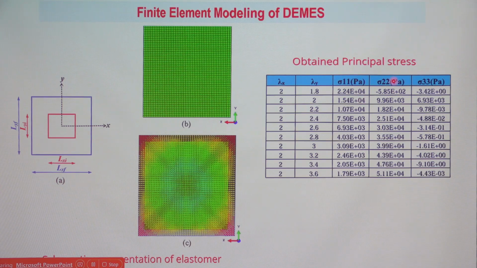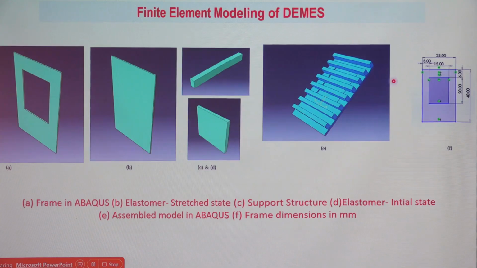In Abaqus there is an option of providing an initial condition, so we provide the entire membrane the initial condition of sigma 11, sigma 22 and sigma 3. When pre-stretch is provided to the membrane, strain energy is developed, and ultimately the stresses are developed. So we are already giving those stresses to the membrane in the initial stage.